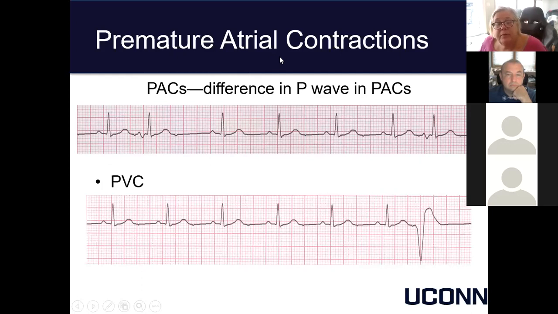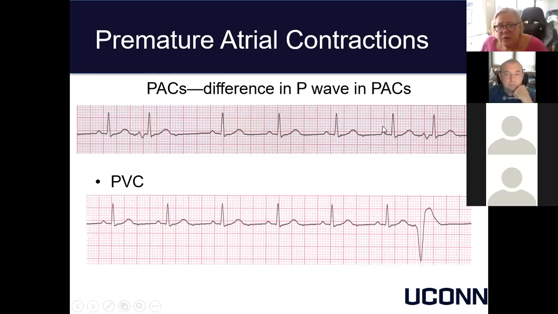So there are premature atrial contractions also. Again, we're looking at this rhythm strip, and is it regular? No. You've got something happening here, and you've got something happening here.